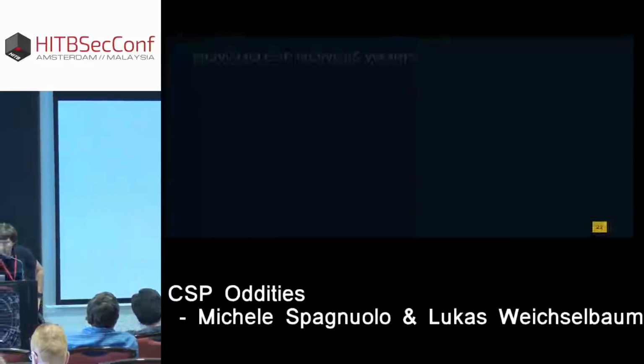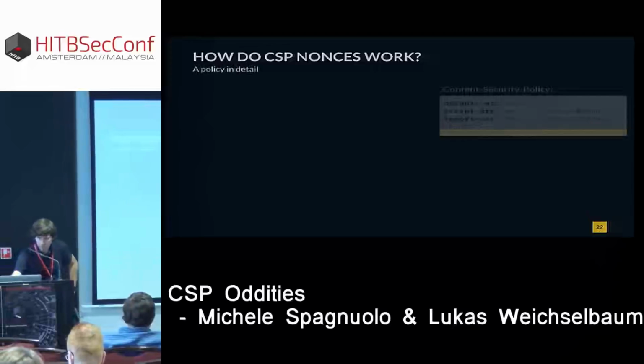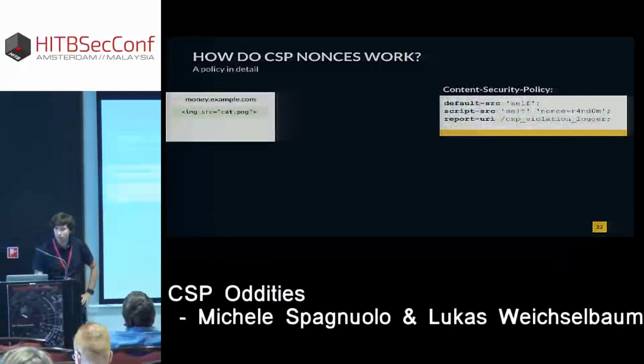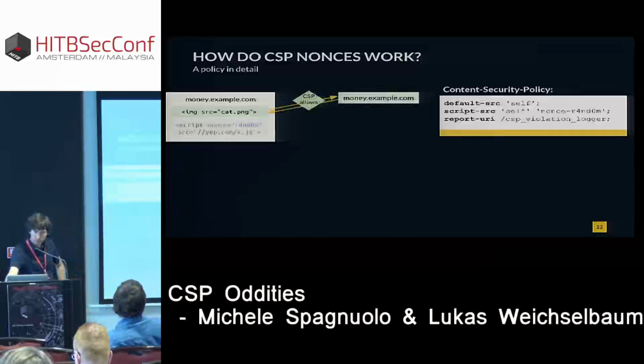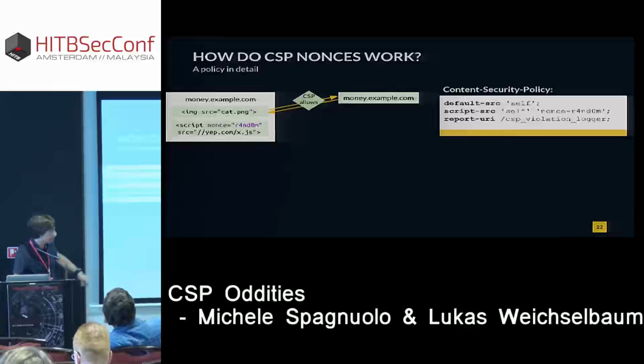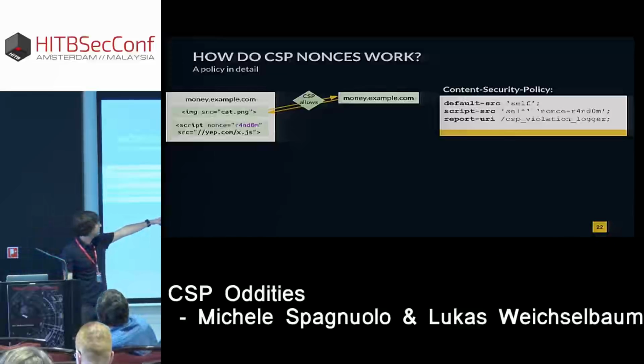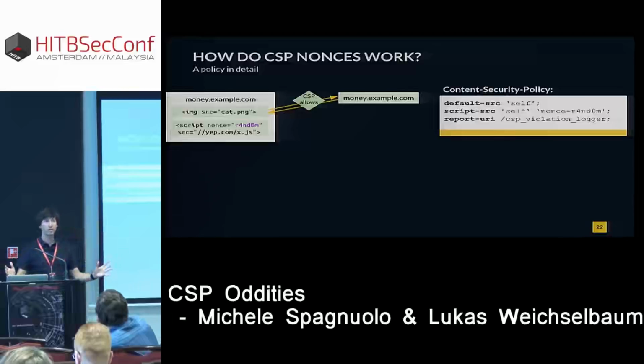But first, let's talk about nonces very briefly. It is quite similar to what we already had. You have a policy, but instead of the whitelist, you have nonce and some random string. It should be really random for every response, because if the attacker can guess the nonce, he could inject a script with the right nonce and it would execute.